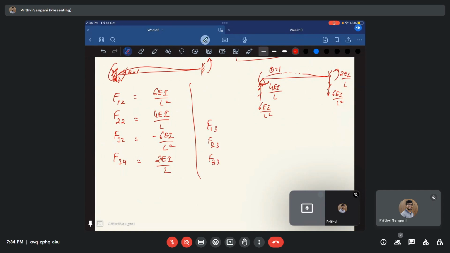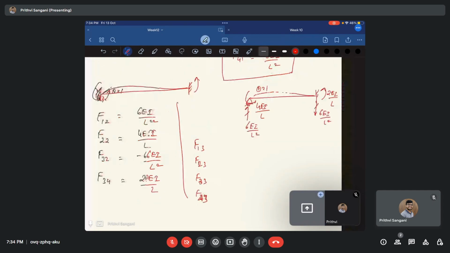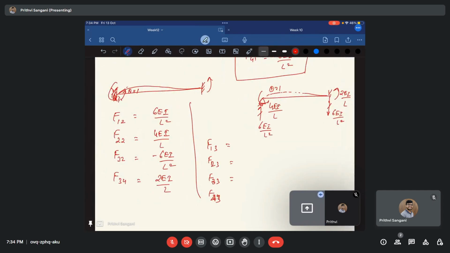Similarly you can find out F13, F23, F33, F43. F13 is the force in the direction of the first degree of freedom because of the unit displacement in the third degree of freedom. Again, when you're giving a unit displacement, you will be fixing all the other degrees of freedom, so that has to be kept in mind.